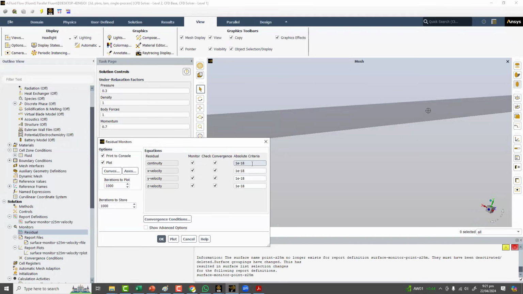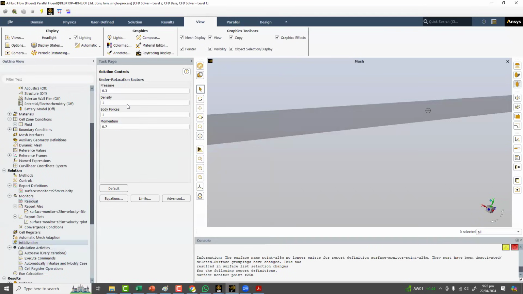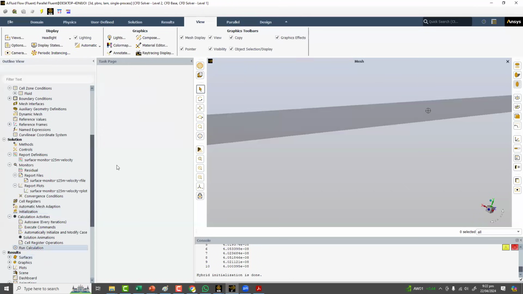The same is the case with my continuity and momentum equation residuals. Once I can visually inspect them and I am satisfied with my results, I will stop the solution myself. That's why I'm putting a very, very low criteria. Initialize with the hybrid method, that is a very ideal method, and then click on run calculation.